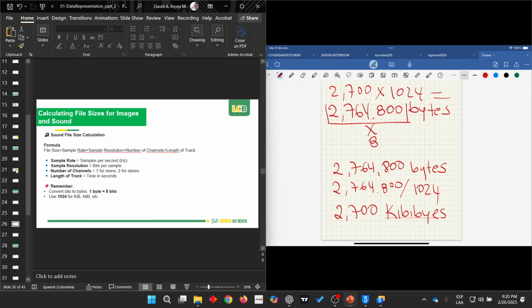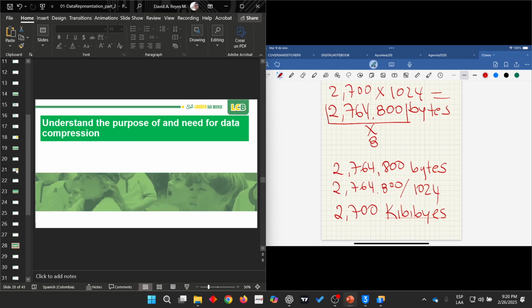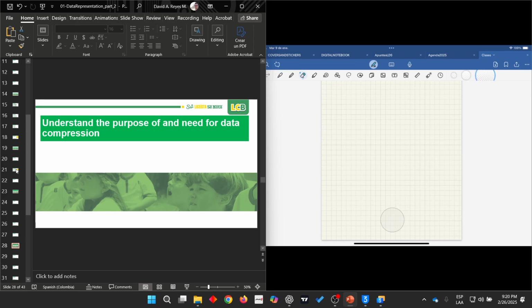Okay? So here we have some examples about how to make those conversions. We are talking about a huge file. So let's suppose that we have a file that has, let me write this number.